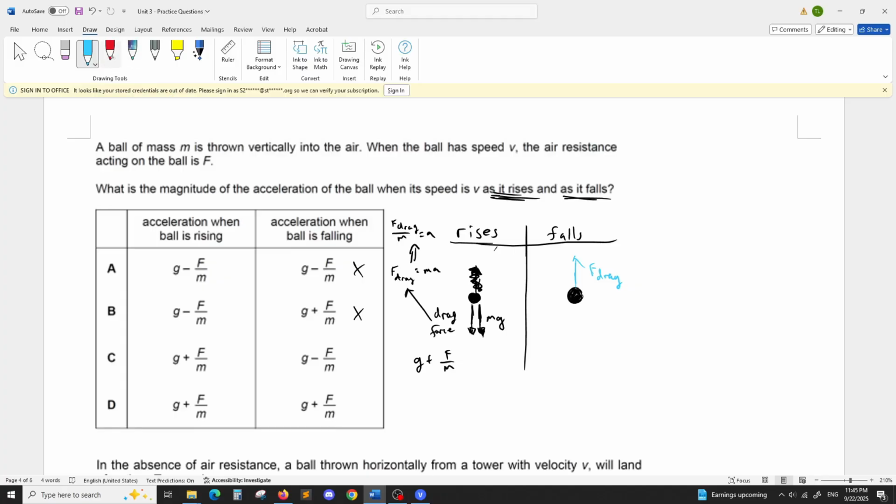And then we have our gravity mg. So this becomes F drag over m equals a, and mg over m is equal to g.